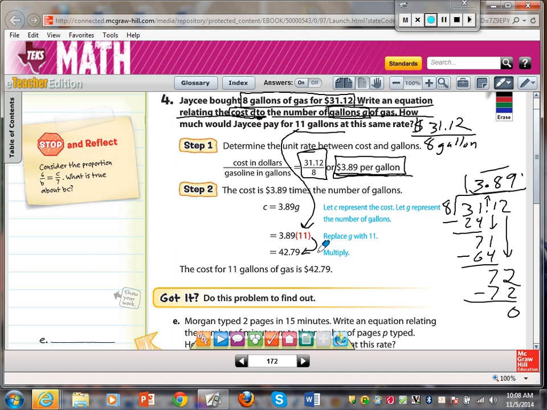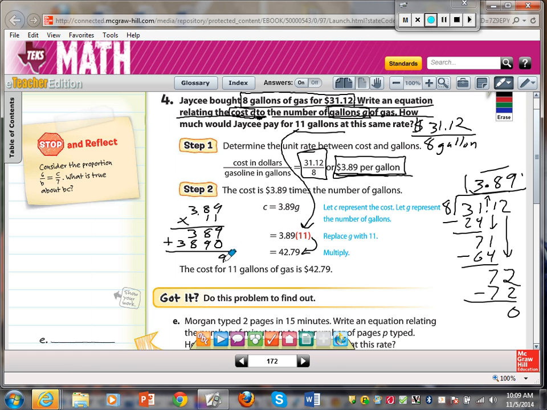So let's go ahead and do that multiplication. 389 times 11. 1 times 9 is 9. 1 times 8 is 8. 1 times 3 is 3. We're going to the next place value, add a 0. 1 times 9 is 9. 1 times 8 is 8. 1 times 3 is 3. Notice that I did not touch the decimal at all. Not yet, that is.